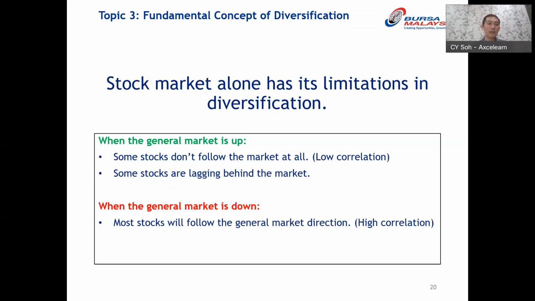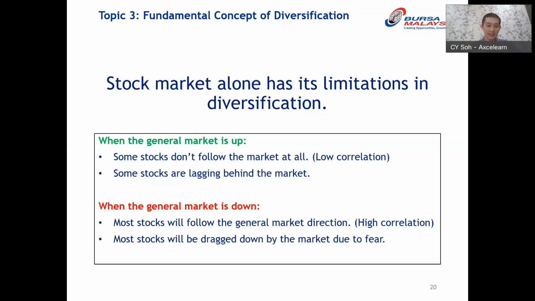Why? Because investors or those who hold stocks are fearful about the market, so they want to convert their stocks back into cash. This is why, when the general stock market is down, all stocks follow the general market direction. It's very, very highly correlated, and most stocks will be dragged down by the market because of fear.